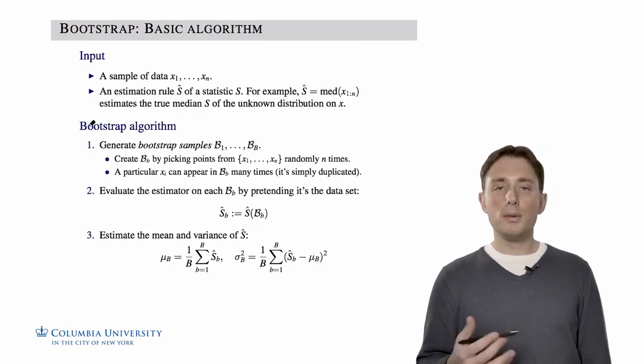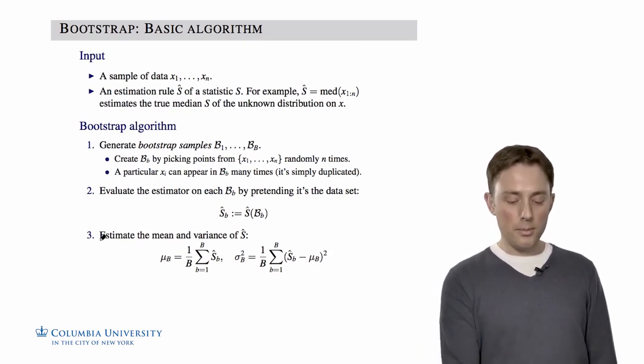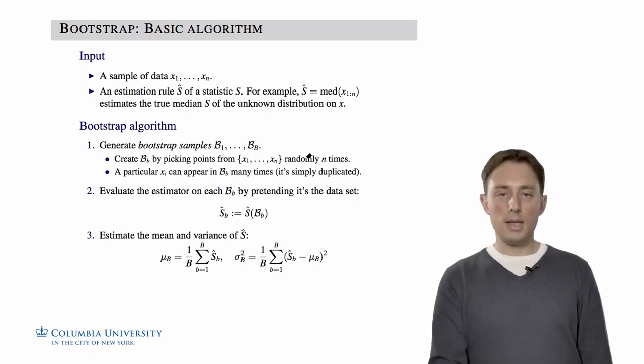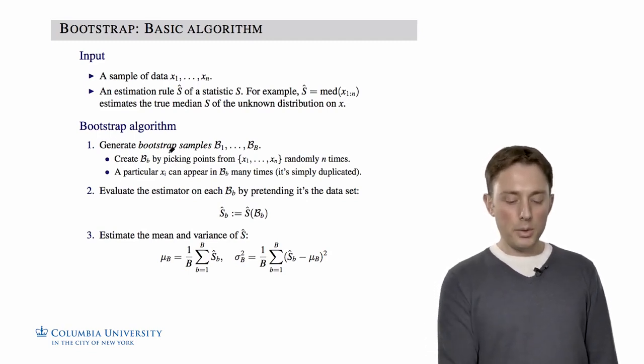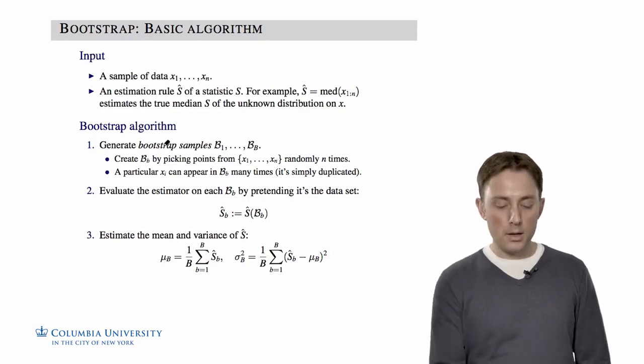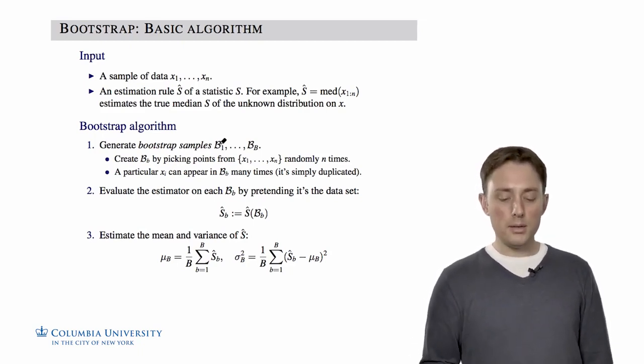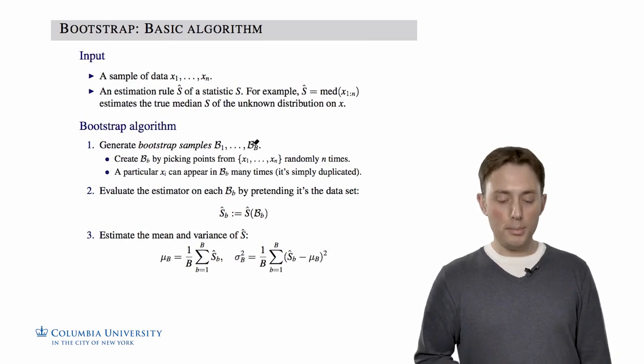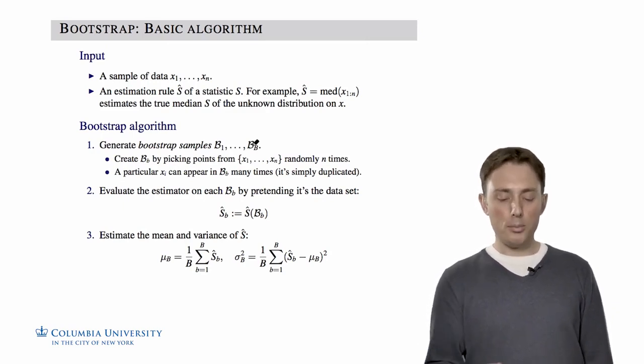This motivates something called the Bootstrap algorithm, and so I'm first going to discuss it in the abstract. First, what we do is generate a set of Bootstrap samples. We're going to call these B1 through capital B. So we have capital B different Bootstrap samples.